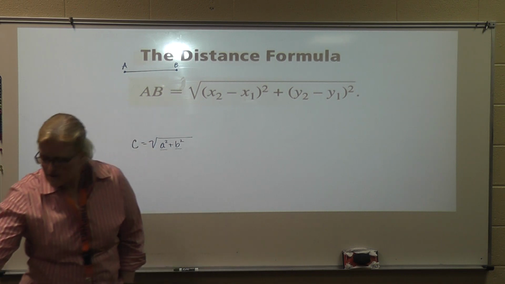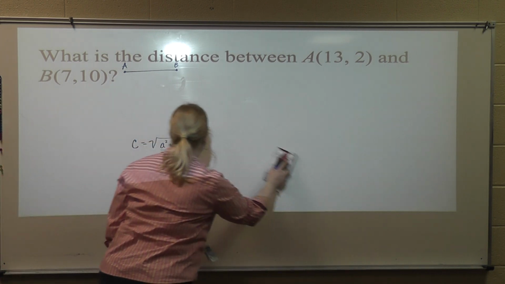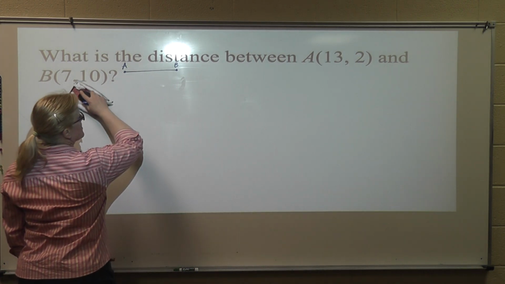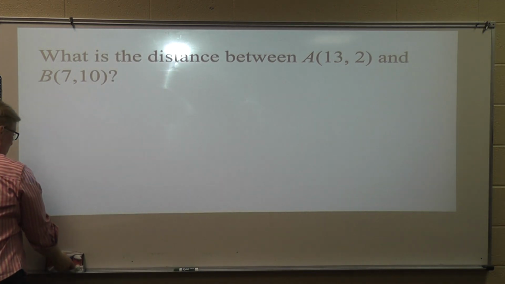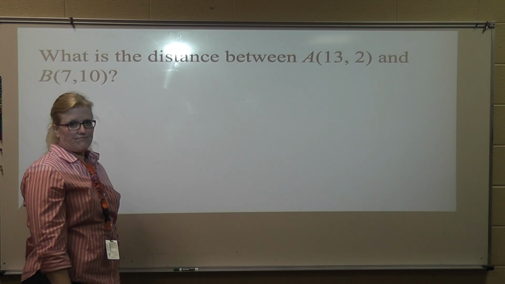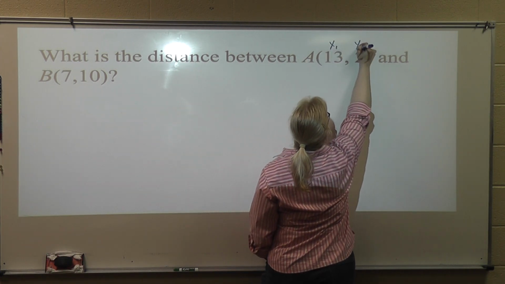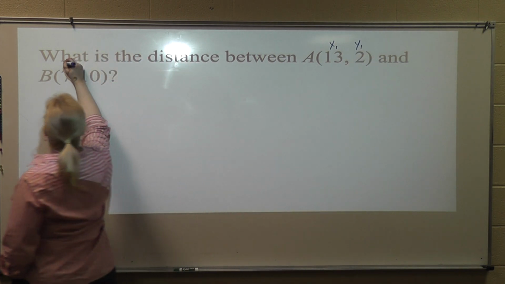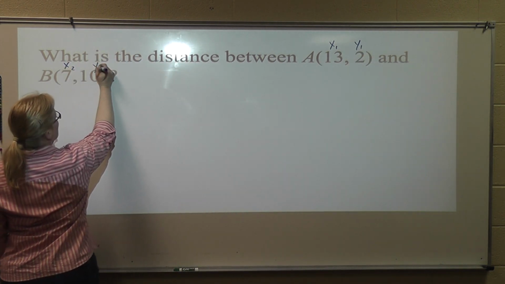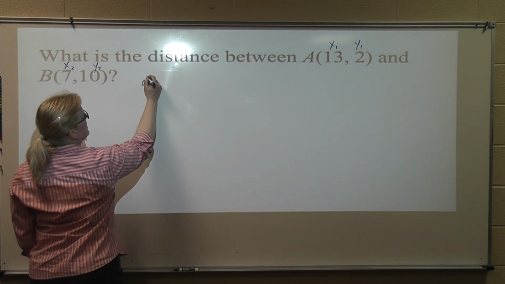All right. So let's look at a problem then. What is the distance between (13, 2) and (7, 10)? All right, well, let's call this x1 and y1. We can call this x2 and y2. And remember that my distance, I can just say d if I want.